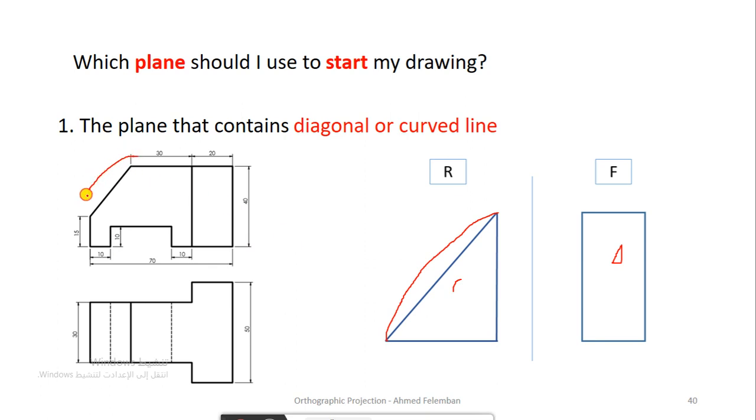Obviously we have a diagonal line in the front, so we draw from the front. It's easy to start my drawing. So rule number one: choose the plane that contains a diagonal or curved line.